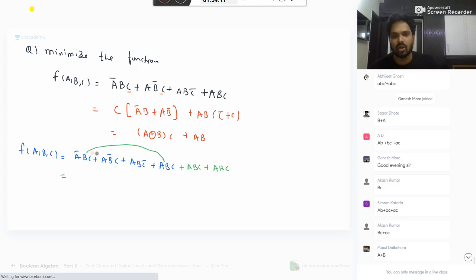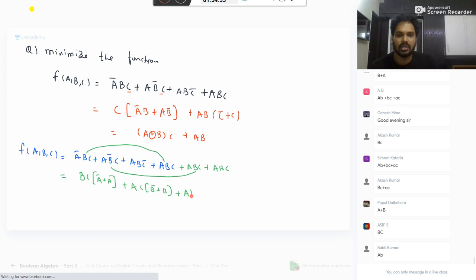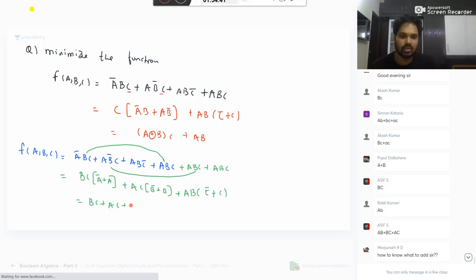Now in these two, what can I take common? BC. In these two, what can I take common? AC. And in these two, what can I take common? AB. So now it is BC plus AC plus AB.